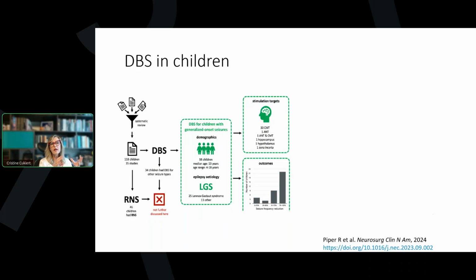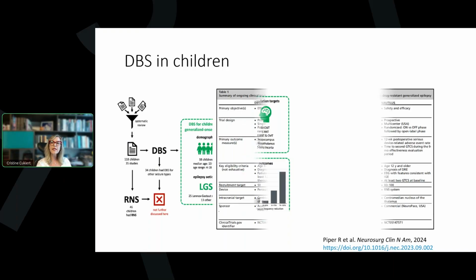I think the criteria for DBS and VNS in these patients are very similar, but sometimes we see that the DBS has a better response than VNS. But sometimes, as I mentioned before, the family prefers a less invasive procedure before a more invasive one. So many of these kids go to VNS first, and many of them can go to the DBS after.